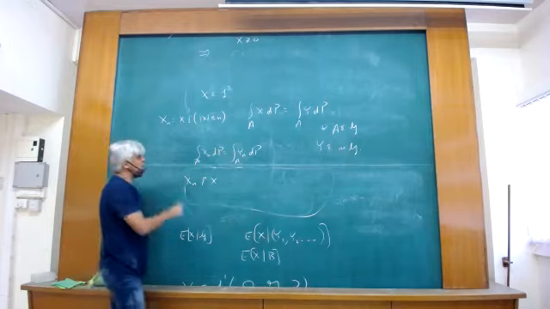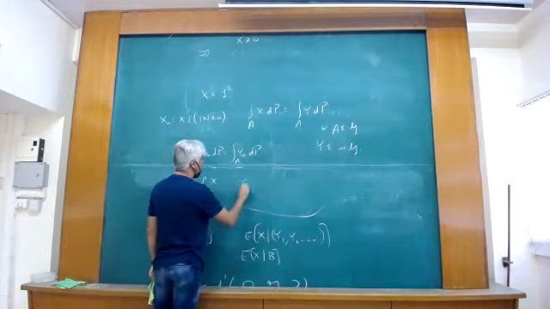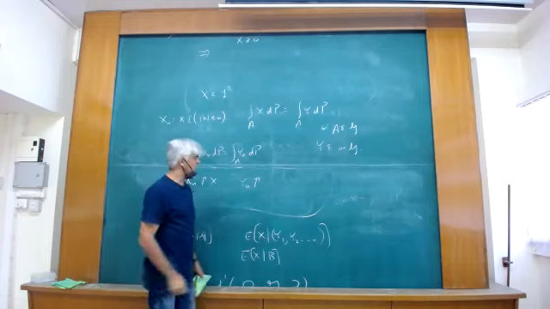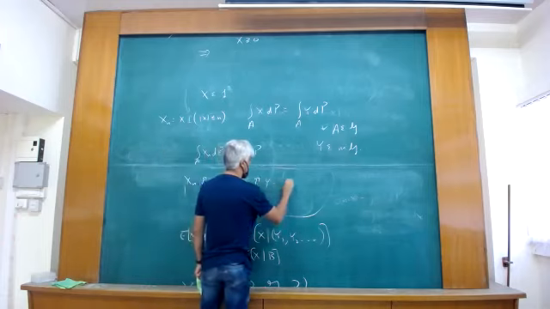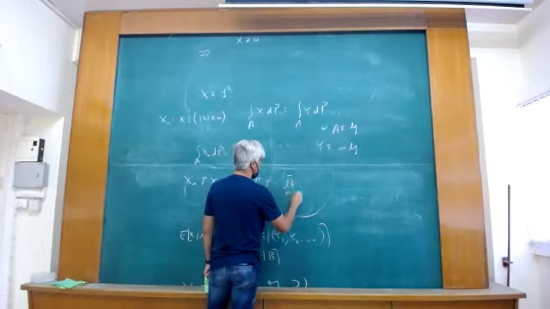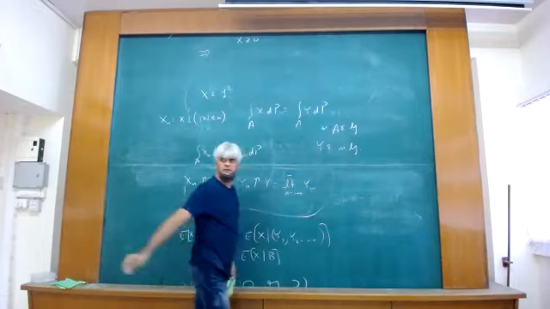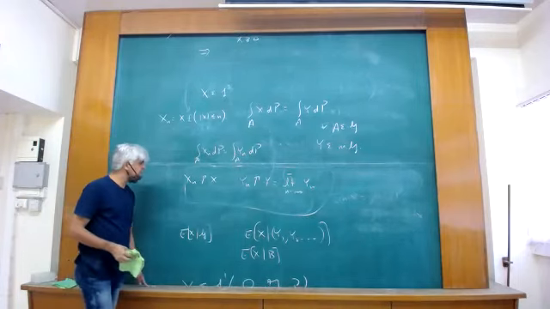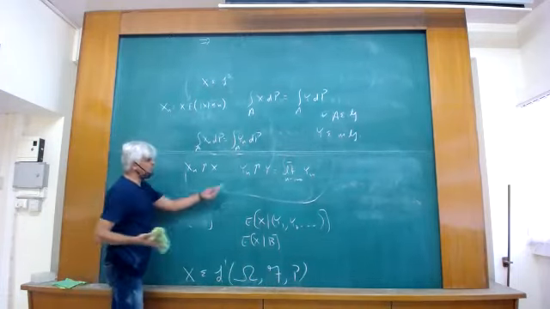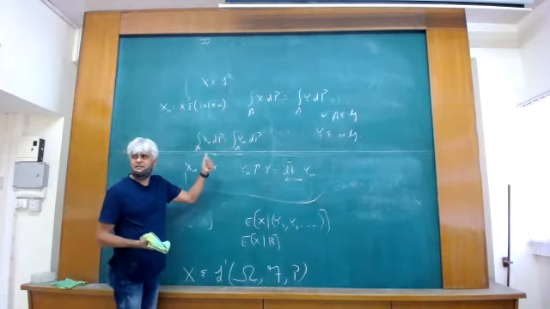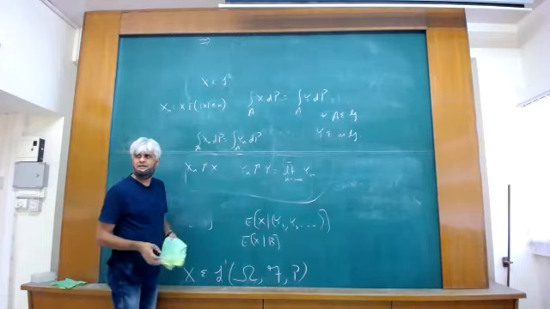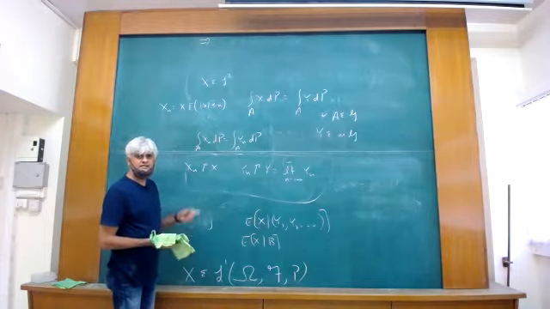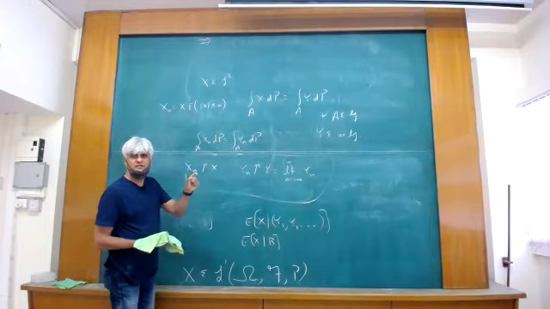Further, I know that X_n is increasing to X, and I also know that Y_n is increasing to Y. Let's call Y equal to the sup over n of Y_n, which is well defined. I know Y_n is increasing because of what we just did, exactly because X_n minus X_{n-1} is non-negative.